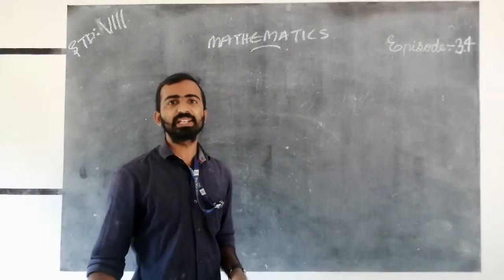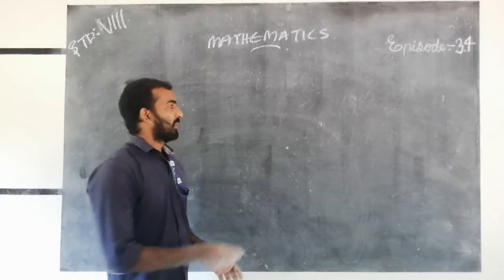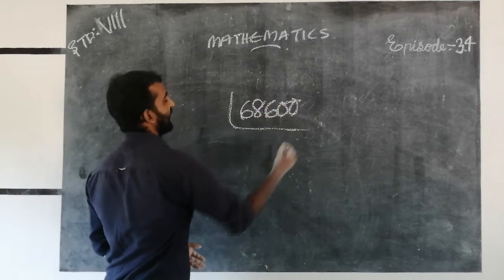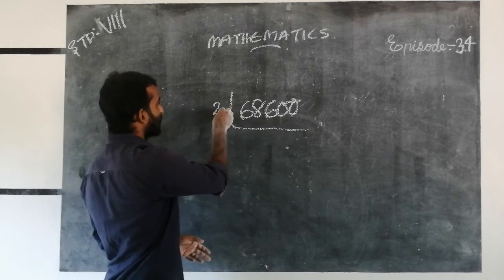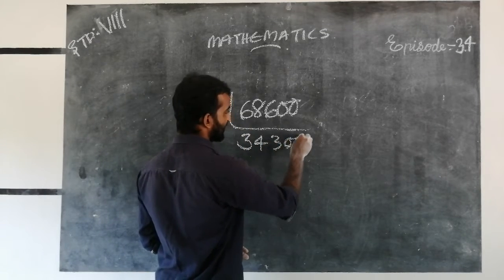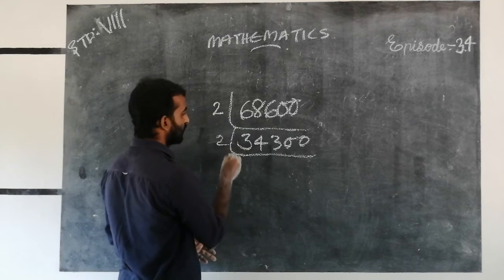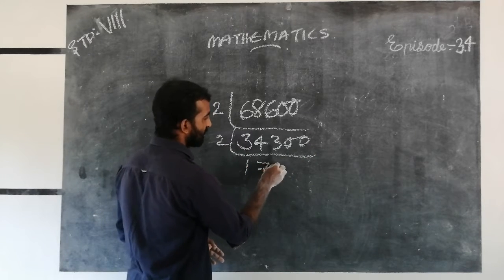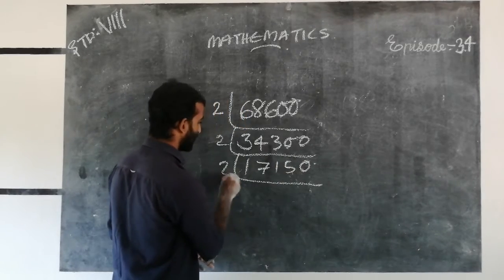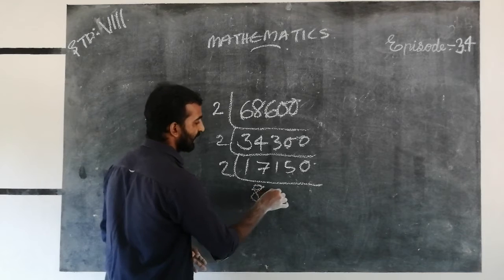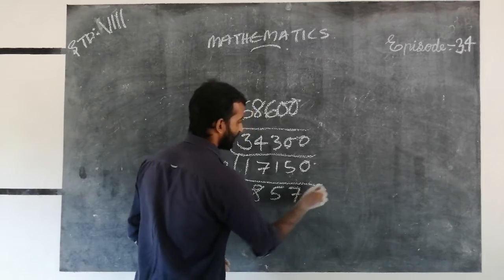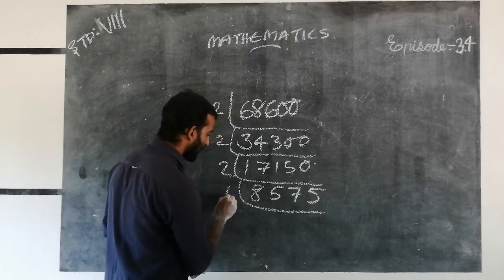What do we get? We get 68,600. Is it? Yes. We divide it by 2, we get 34,300 and 2, 17,150, 2. Here we get 8,575 and next we take 5.